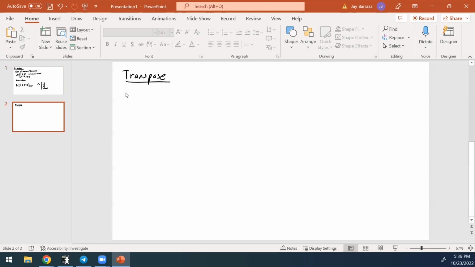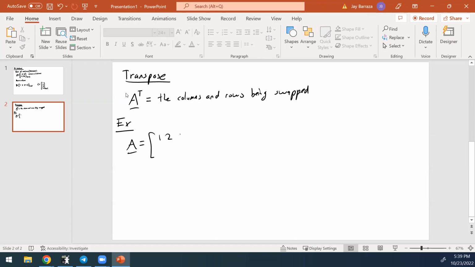So the transpose of a matrix, okay, A transpose, is equal to the columns and rows being swapped, right? So just to give you an example, A is equal to 1, 2, 3, 4, 5, 6, right?